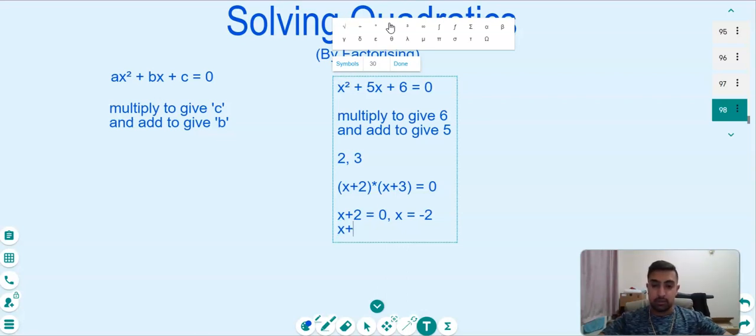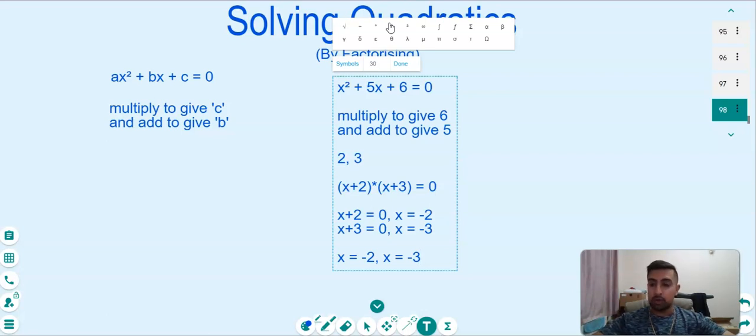And if we do that, we can say that x plus 3 equals 0. And then if we rearrange to solve for x, we know that x is equal to negative 3. Perfect. And you can see as well that we have two answers. So most of the time when we solve quadratics, we will have two answers. And the way we write those answers is we just say x equals negative 2 and x equals negative 3. And that's that.